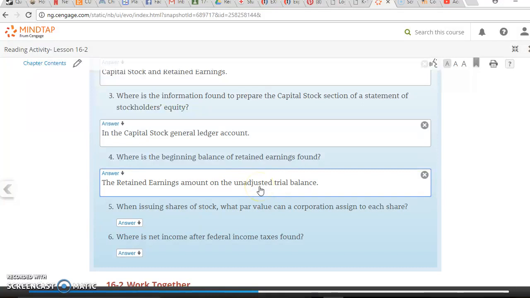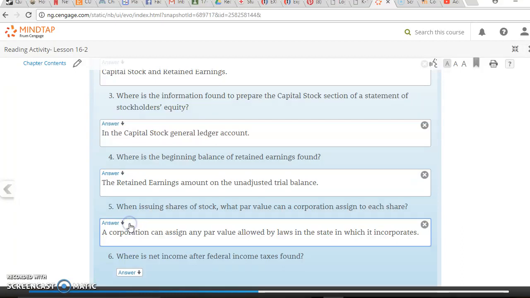You could also find it in the beginning balance in the general ledger account. When issuing shares of stock, what par value can a corporation assign to each share? They can assign any par value allowed by the laws in the state where they incorporate.